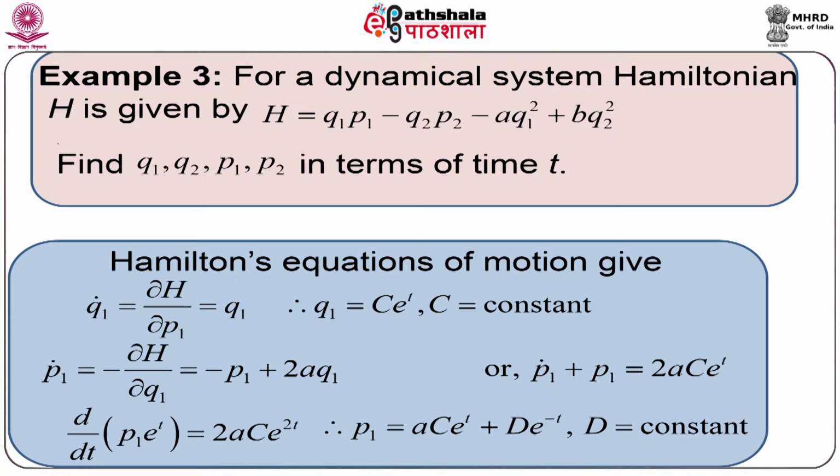So, P1 dot equal to minus del H by del Q1, equal to minus P1 plus 2A Q1, or P1 dot plus P1 equal to 2A C e to the power t. We have used the value of Q1 already obtained.